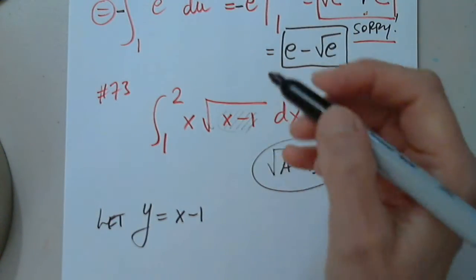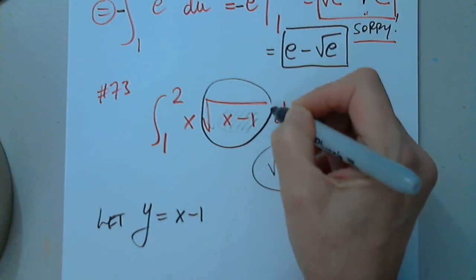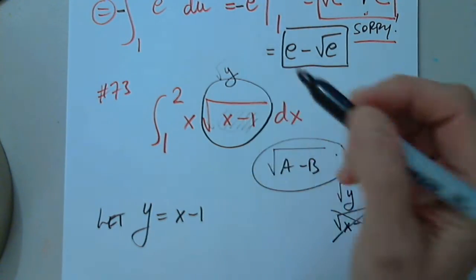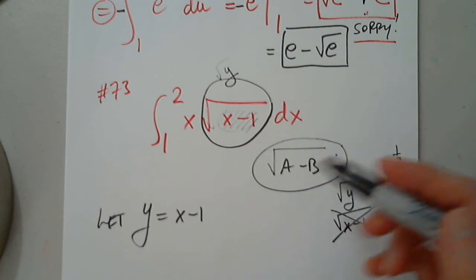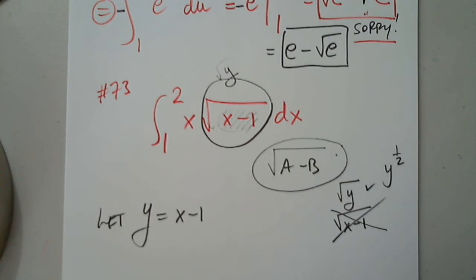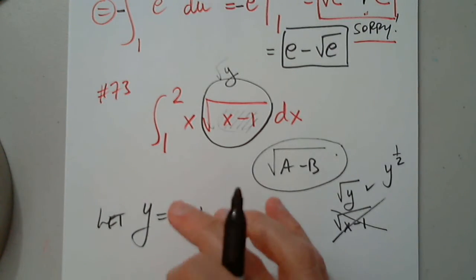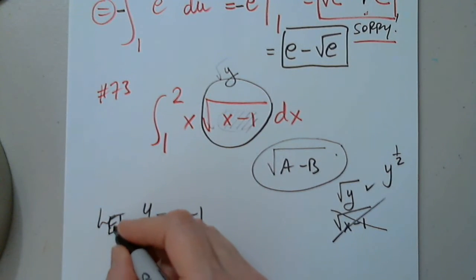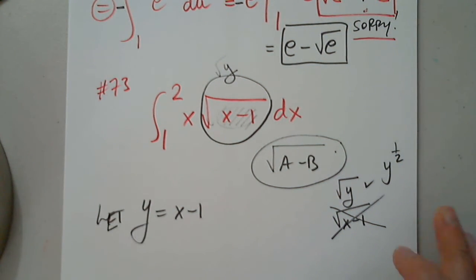Again, the square root of y, because this will become the square root of y. This is friendly. It's y to 1/2. I can handle that. What is the next step after I choose my substitution? Which could be the right substitution or not. So find dy. dy, excellent. What is dy? 1.